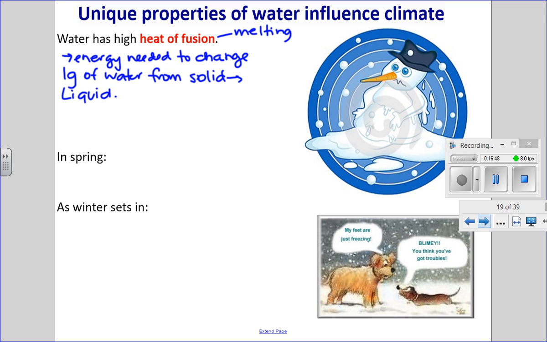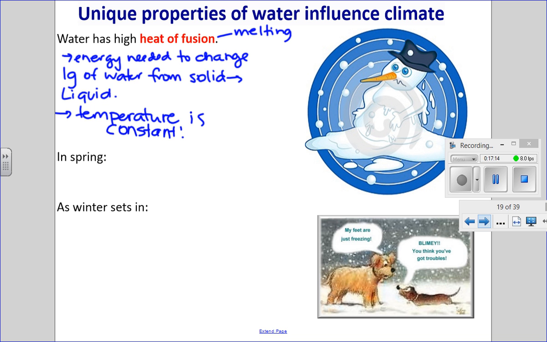So water has a high heat of fusion compared to other substances, just like with heat capacity. And so it takes a lot of energy to change 1 gram of water from solid to liquid. Now, in both of these, heat of fusion and heat of vaporization, the temperature is constant.